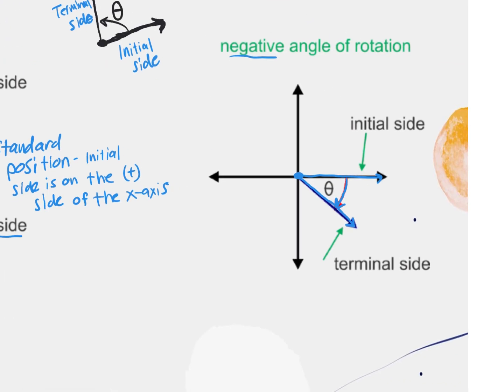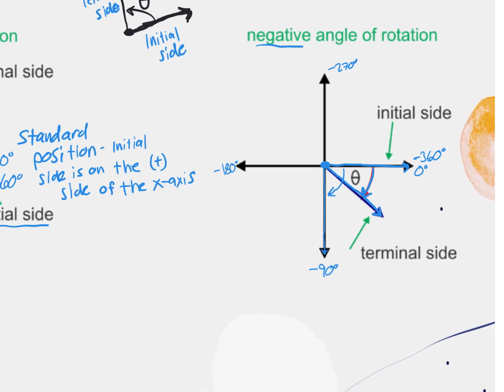Something like negative 90 would be down here, because you're starting and going in the opposite direction, the negative direction. Then negative 180 would end up over here, negative 270 would end up over here, and negative 360 would end up here. But we also have 0 degrees right there, so all of these are the same.